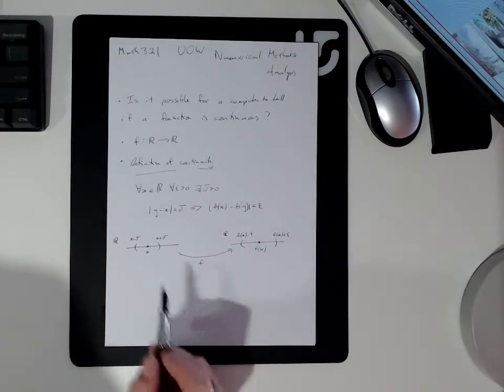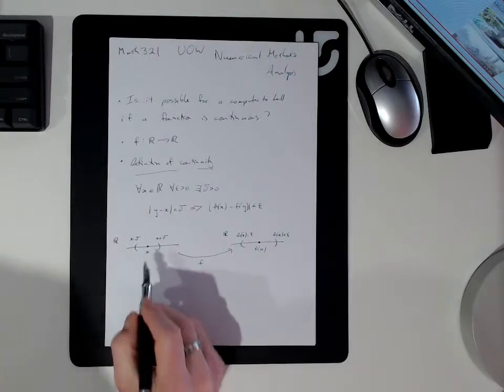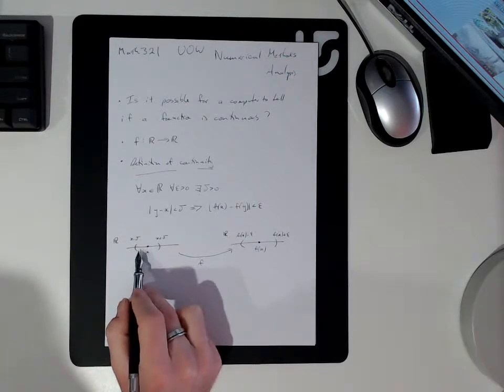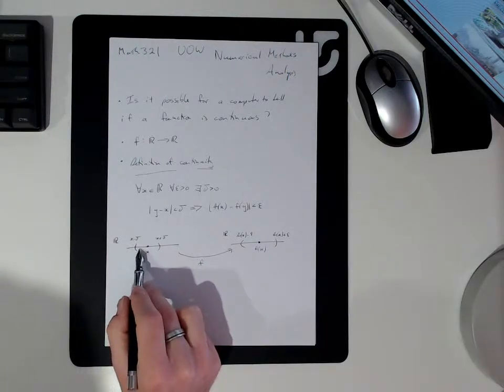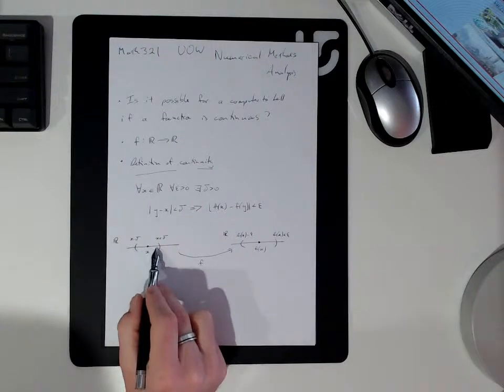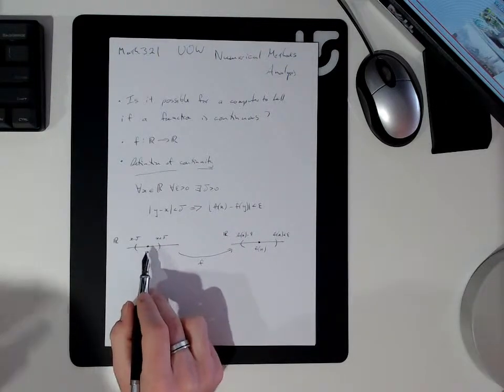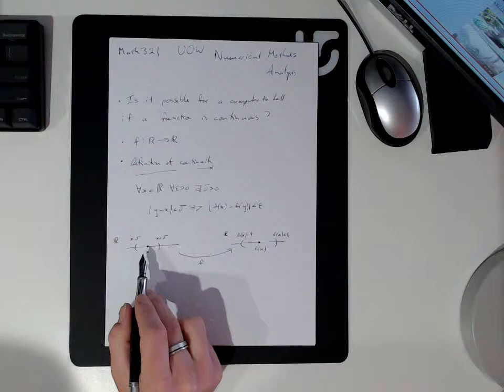The computer has a finite amount of memory, and what I'm going to try and argue in a moment is that it can't actually represent it. The computer doesn't know all numbers in here. It's actually impossible, even if the computer could do an infinite number of calculations, because of the way our computers work.